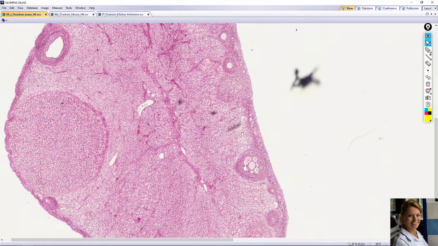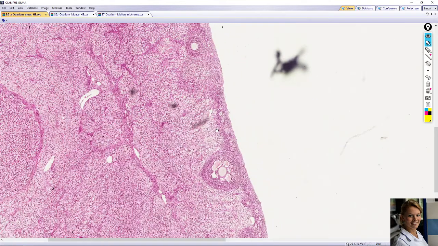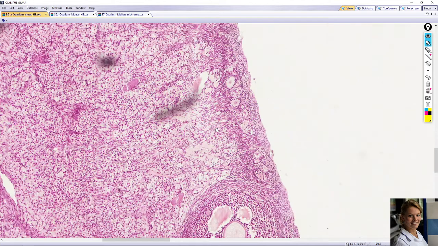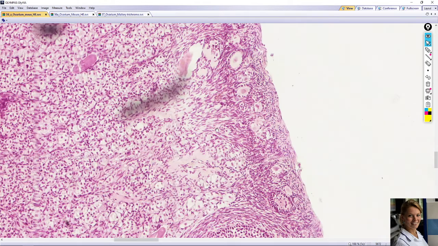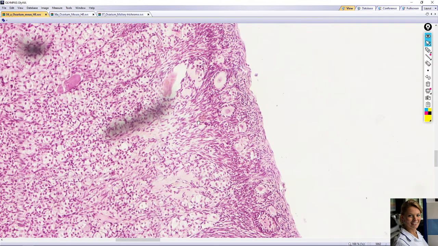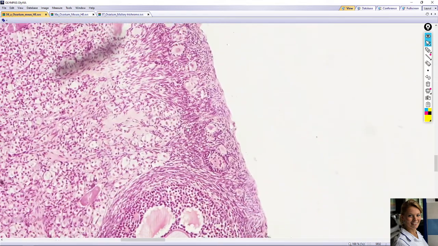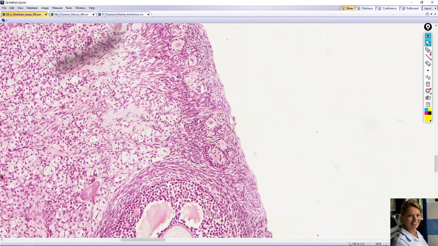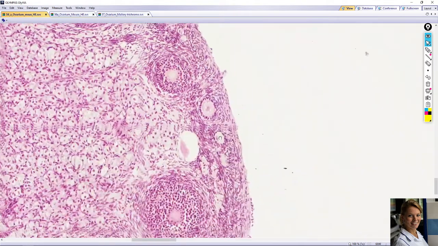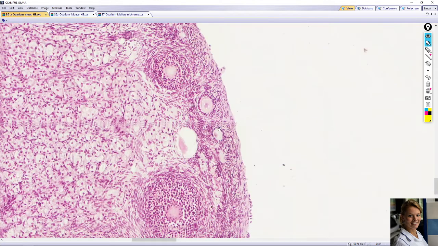Numerous ovarian follicles are seen in various stages of development in the stroma of cortex. The most numerous follicles are primordial follicles with primary oocytes and one layer of squamous cells surrounding the primary oocytes.